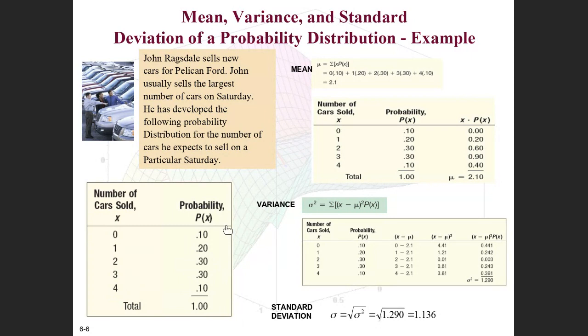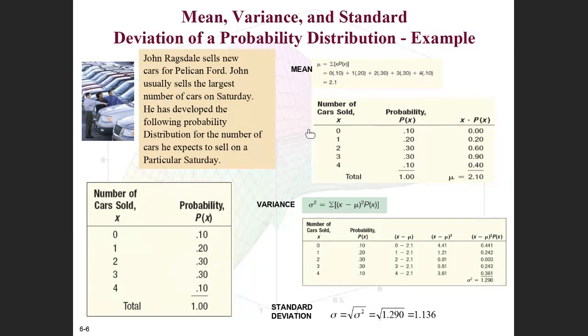Okay. So for the mean, we take the number multiplied by the probability, and add them up, and we get 2.1. That's the mean of the discrete probability distribution.